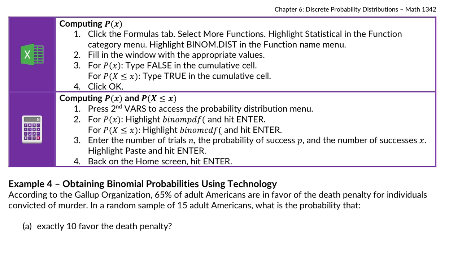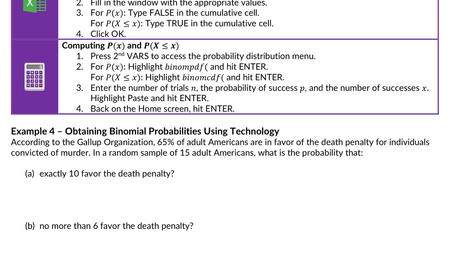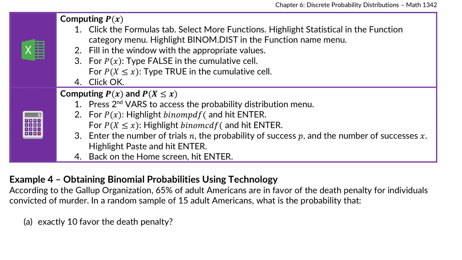Before we really get started, let's label our titles, the header. I opened a new sheet down at the bottom. We'll do the next example. On your notes, example 4, we're following the instructions above it. We have a random sample of 15 adult Americans.